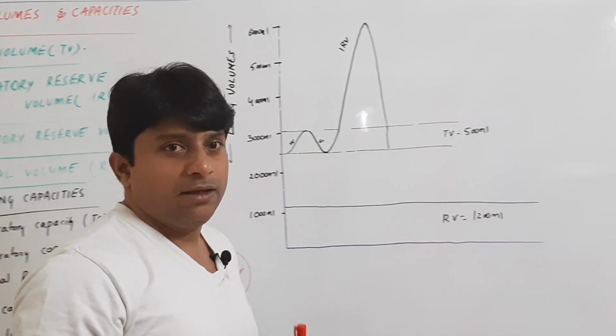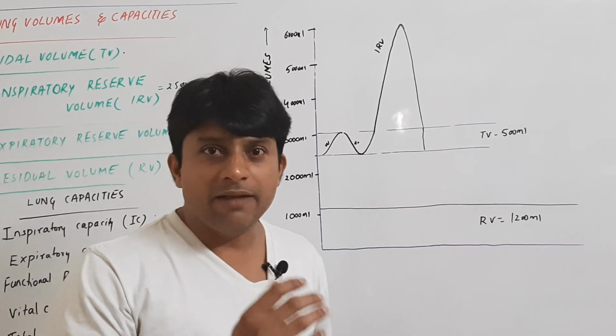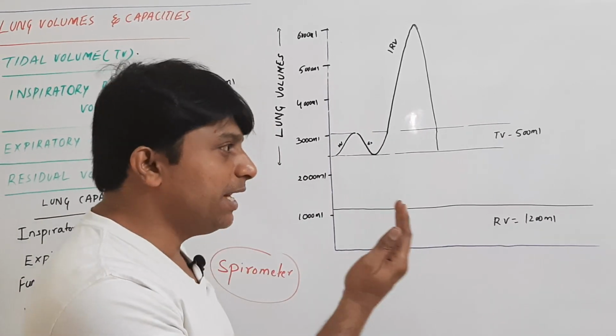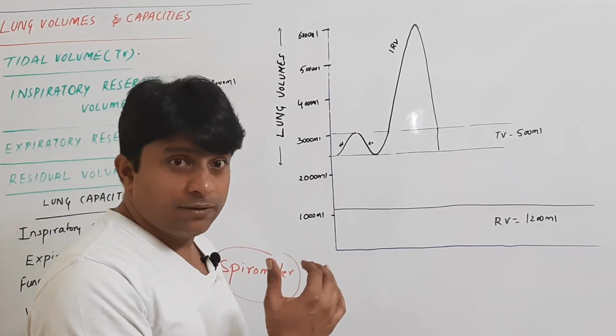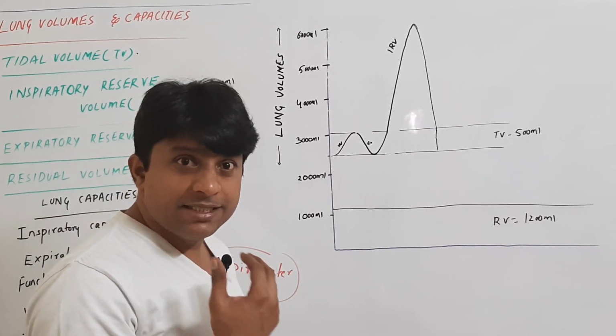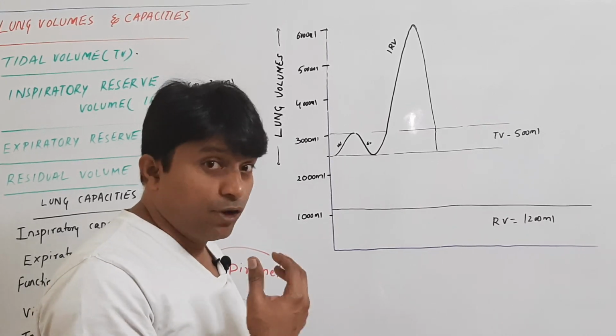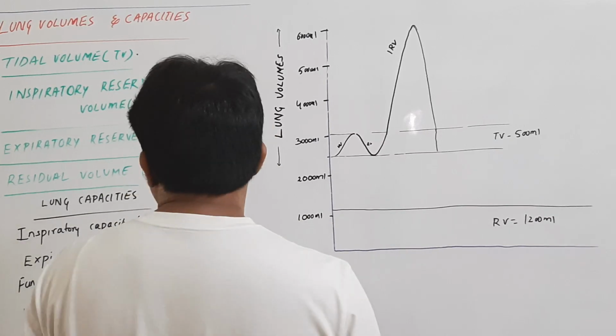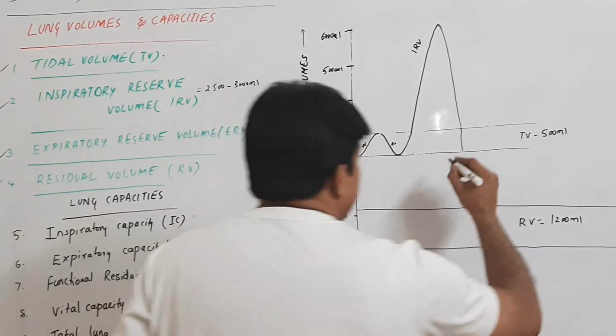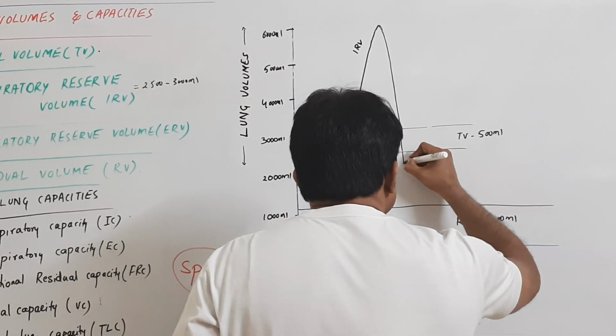Right? Fine. So inspiratory reserve volume, and then this is normal expiration, forceful expiration. The volume of the air that is expired forcibly is called your expiratory reserve volume.